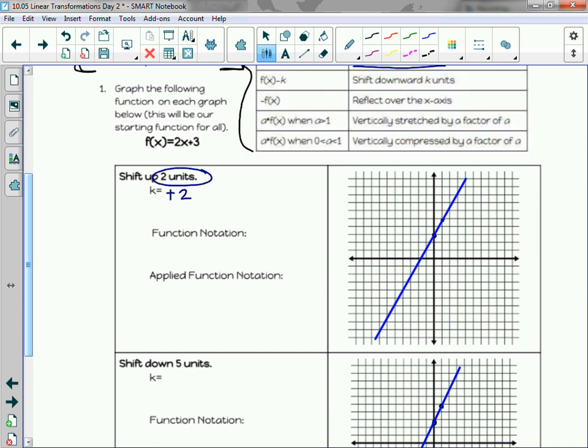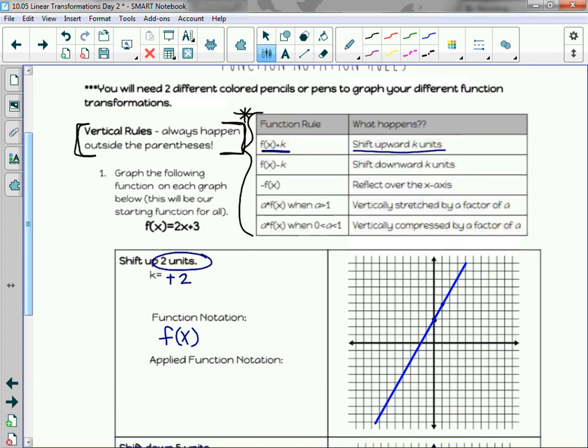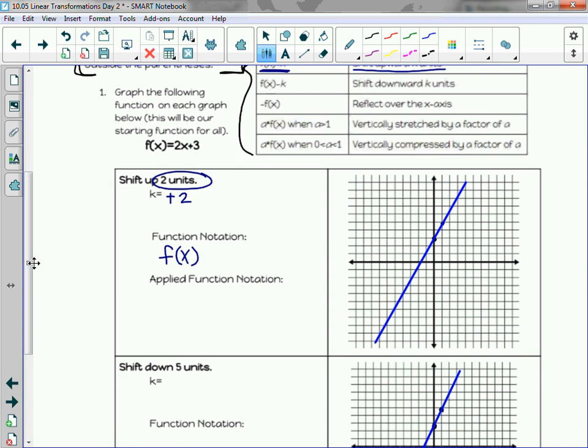Our original function was f of x, right? So function notation says we're taking that original function f of x and increasing it by 2, just like our rule says here: f of x plus k. If k is positive 2, our function notation is f of x plus 2.